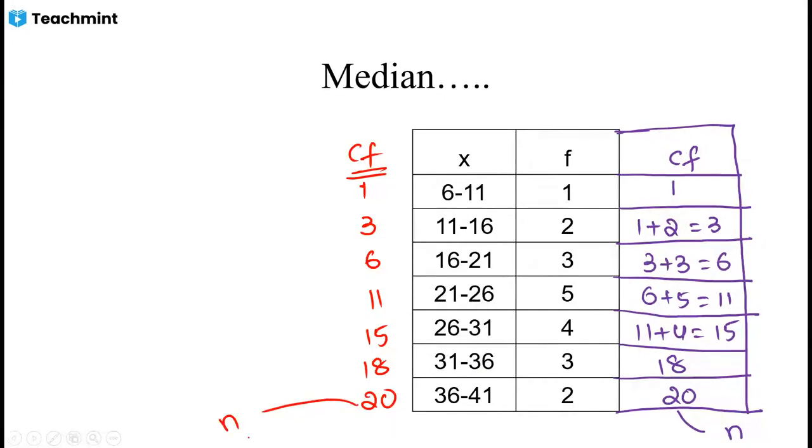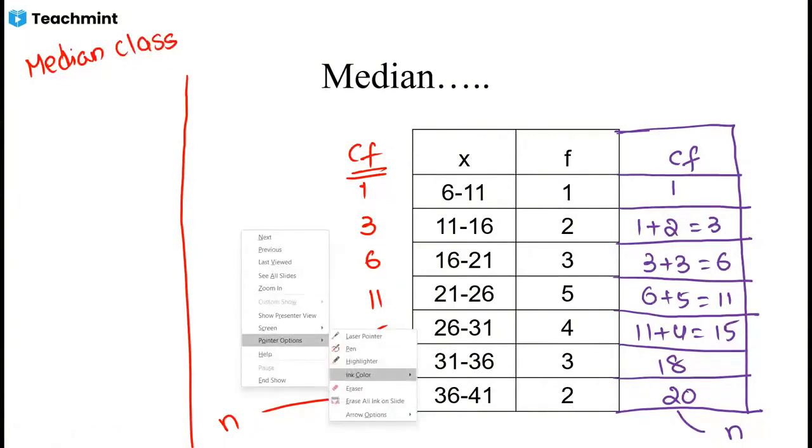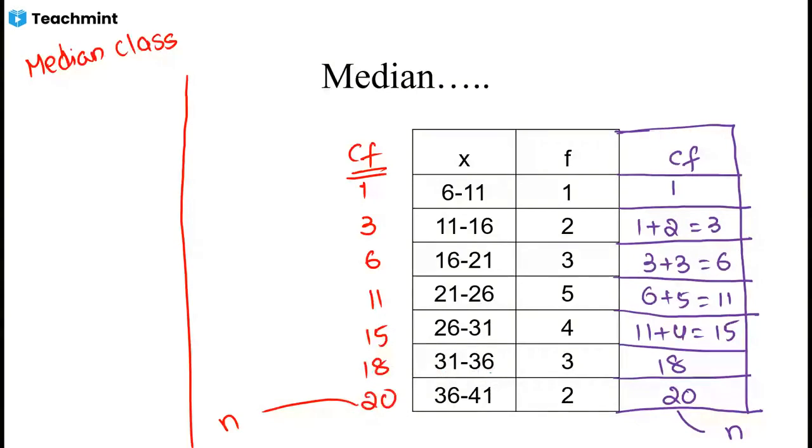Now, very important is how you decide the median class. Many will not understand this and they leave this question, and people don't have clarity regarding this median class. If we decide the median class, then LM will be decided. W is decided already. From this given data, we came to know n value is 20.